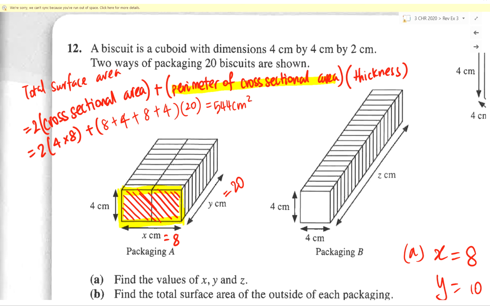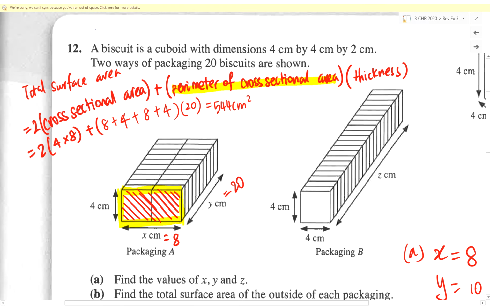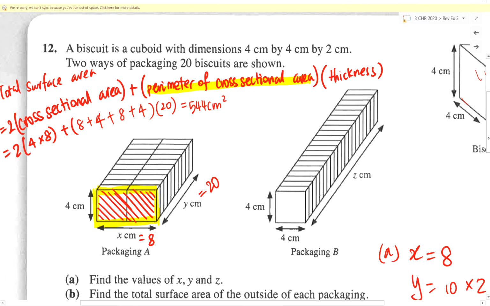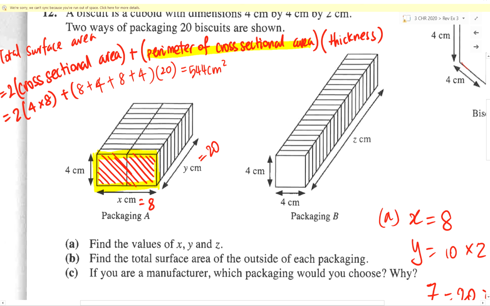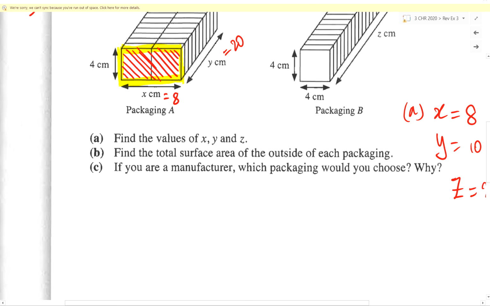Do the same for packaging B. Okay, right now I'm going to erase my answer for packaging A. So part B, area for A equals 544 square centimeters.